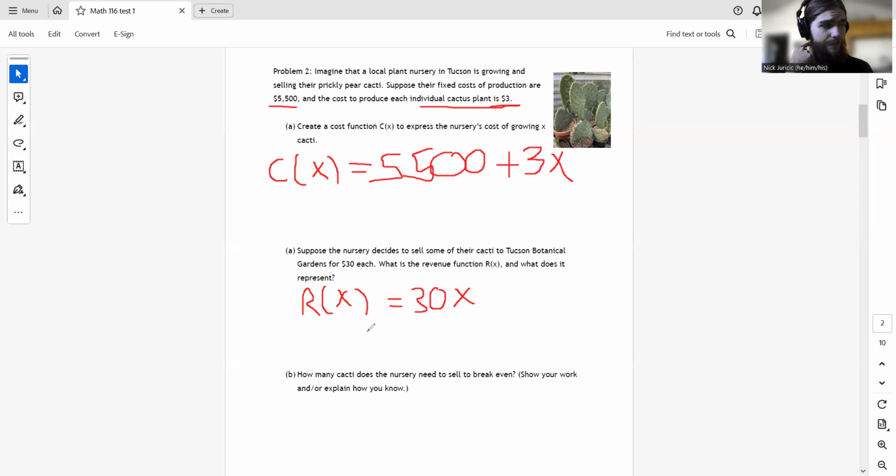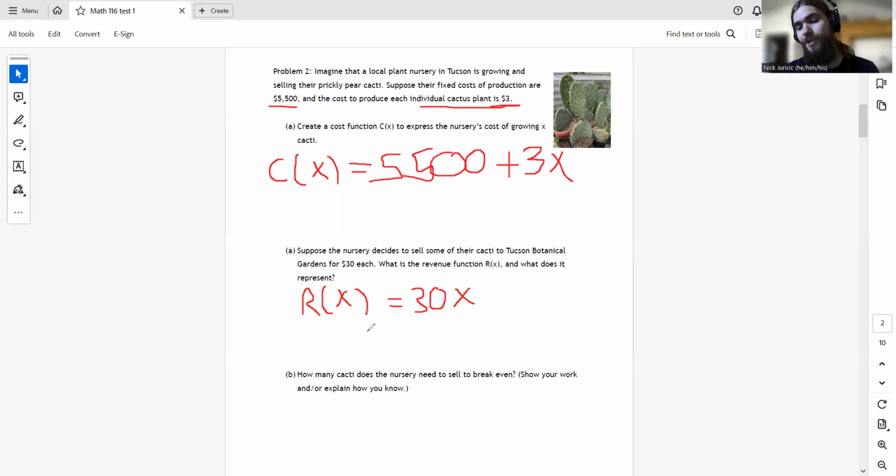People said different things, many of which are hinting at the same exact idea. For example, you could say this revenue function represents the total revenue earned from selling x cacti.